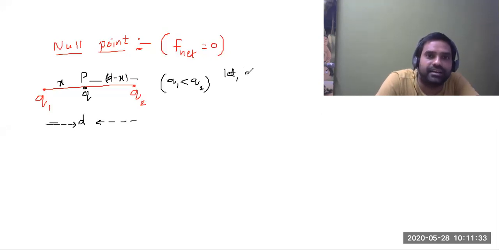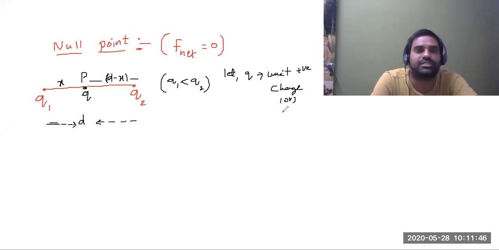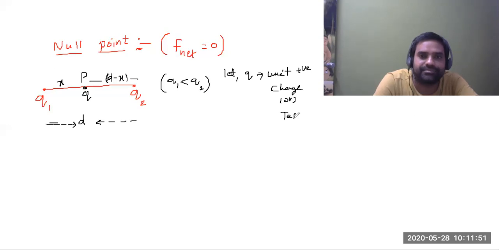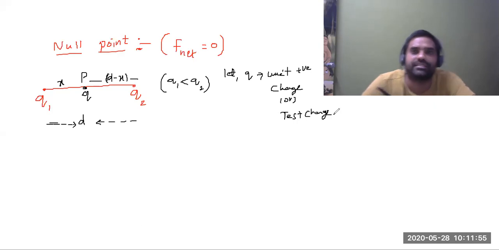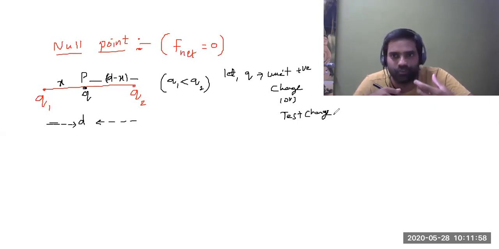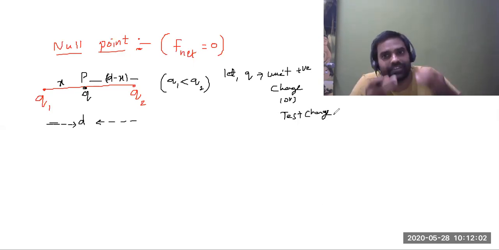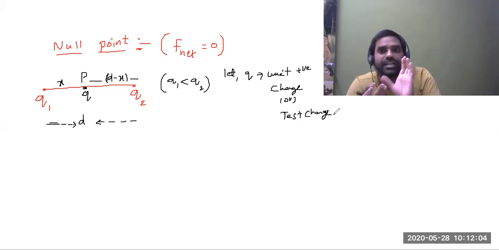Let us consider q is a unit charge, a unit positive charge or test charge, both are the same. This you also need to use because charge may be negative or positive. The meaning of unit positive charge or test charge is, students, it will just be influenced, but it will not influence. I repeat, it will just be influenced, but it will not influence.